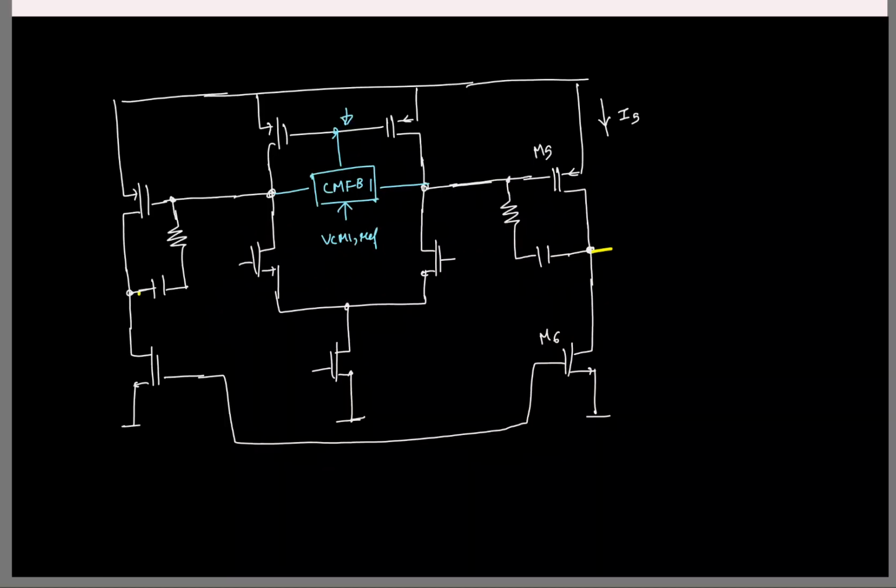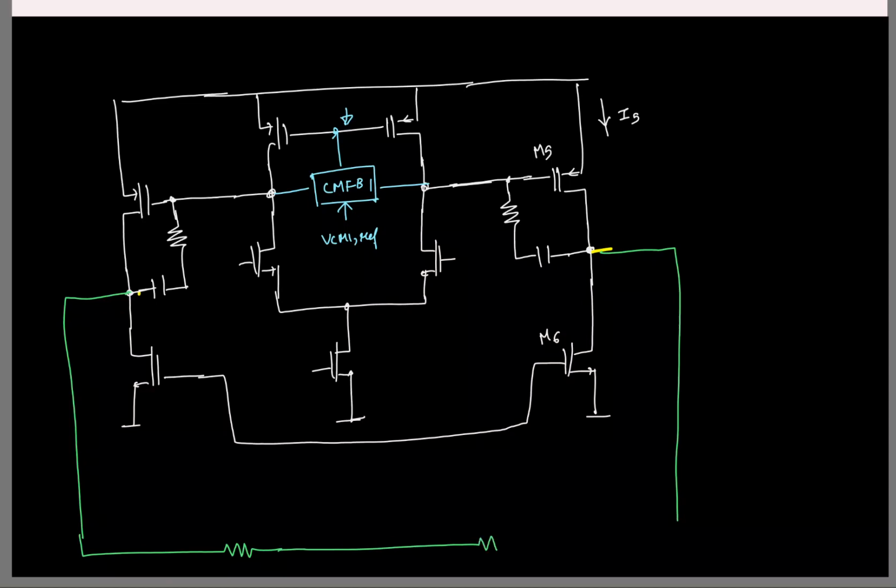What I can do is take the two outputs, sense the common mode like this, and then compare this common mode with some VCM ref 2.